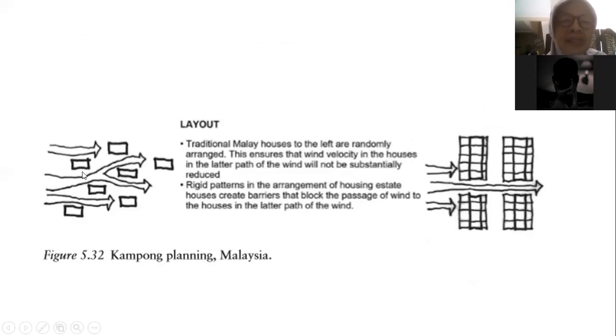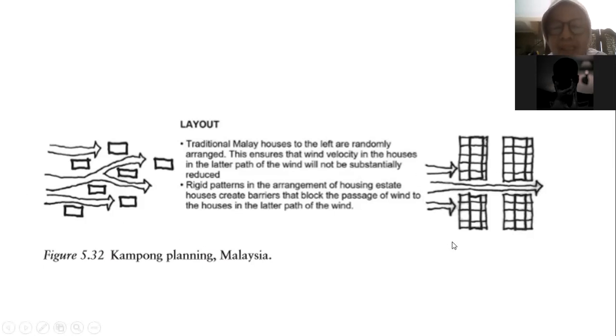That means it takes advantage that the wind can freely flow between the buildings or the houses. This ensures that wind velocity in the houses in the latter part of the wind will not be substantially reduced. That means take the advantage of the scattered position or scattered arrangement.